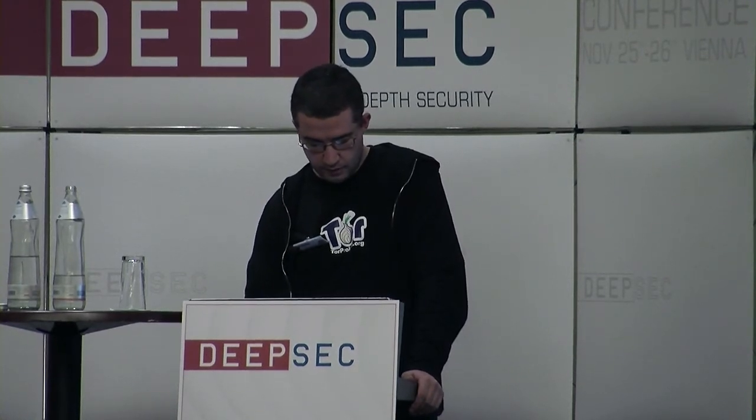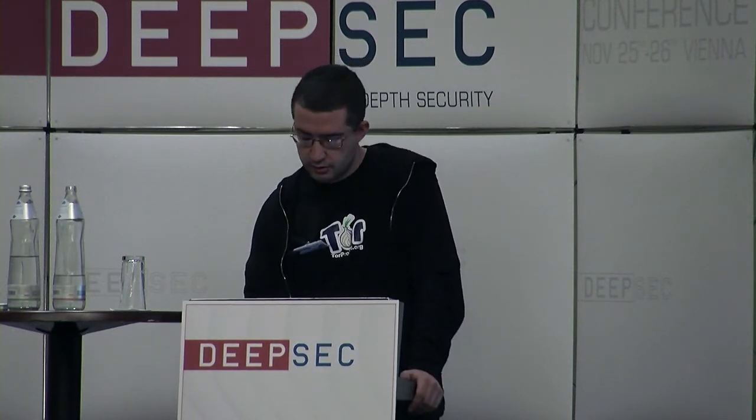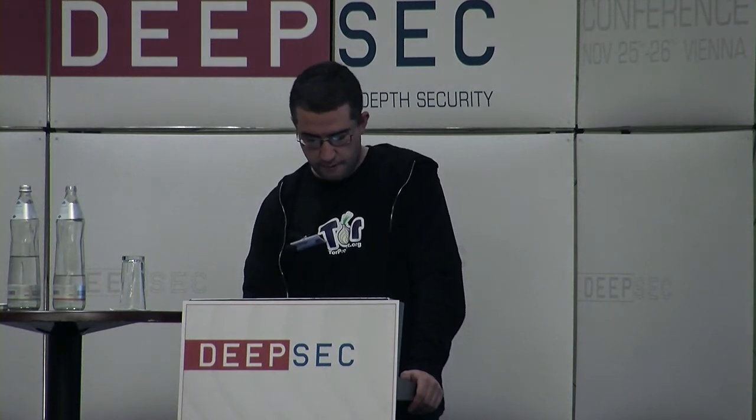Okay, so this is just the state of the art. It's not in depth, because at this conference there are many good talks about in-depth security for cellular phone networks and stuff like that.